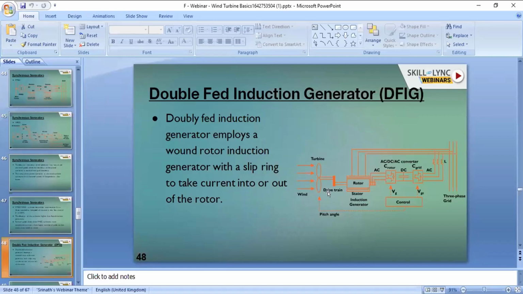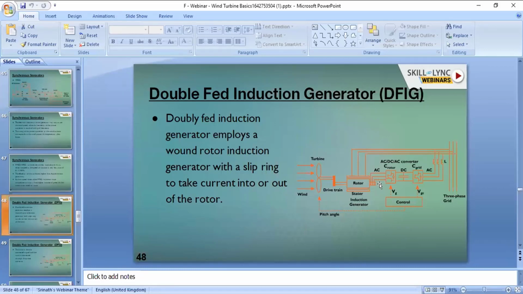And as we all know, an induction machine will operate as a generator when it is above the synchronous speed. Of course, this machine we can use both as a generator as well as a motor.